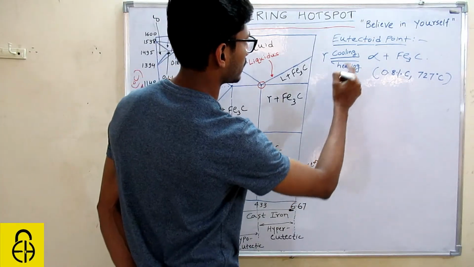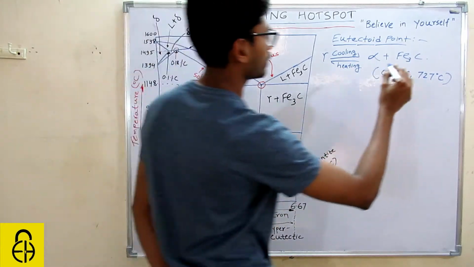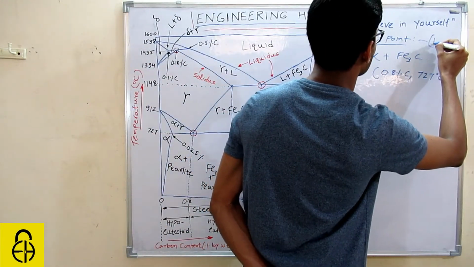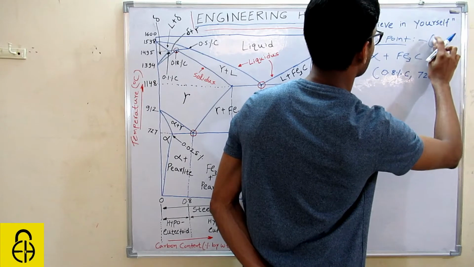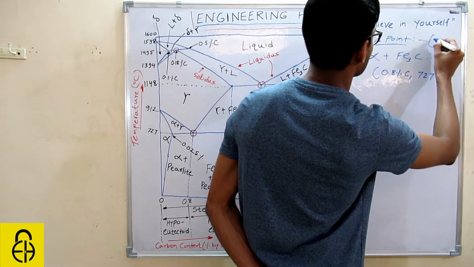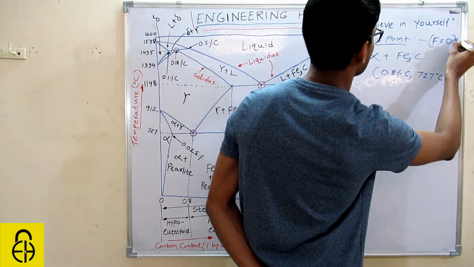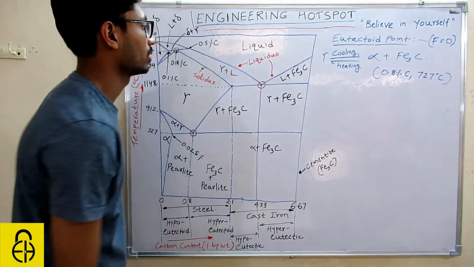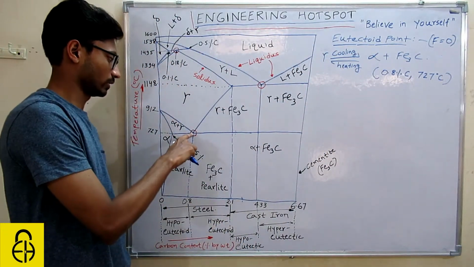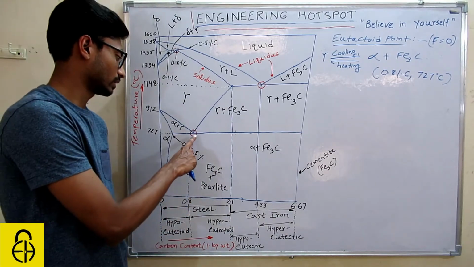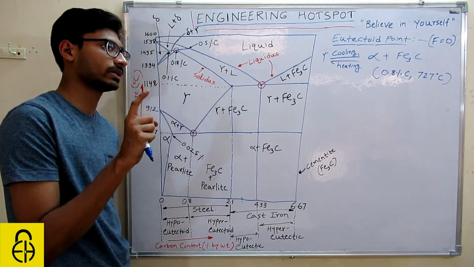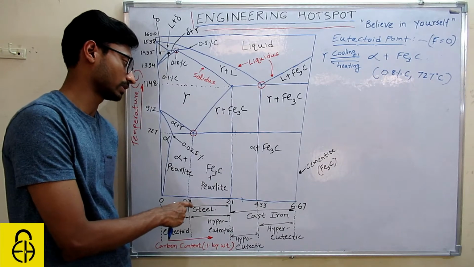And this point is an invariant point. Invariant point means degree of freedom is 0. Let me explain what degree of freedom is. Suppose you are having a reaction at this point. You will get this point only at 727 degrees Celsius and 0.8% carbon.